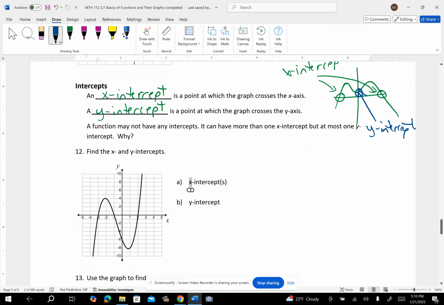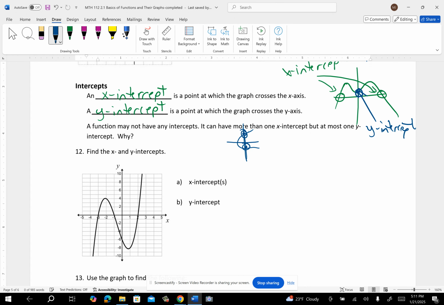Can you think about why that would be? How come you could only have one point on the y-axis if you have a function? Can you picture that? See, if you had another point on the y-axis and your function did something like that, then it's not really a function, right? Because it couldn't be a function. It would have 2 outputs for 1 input.